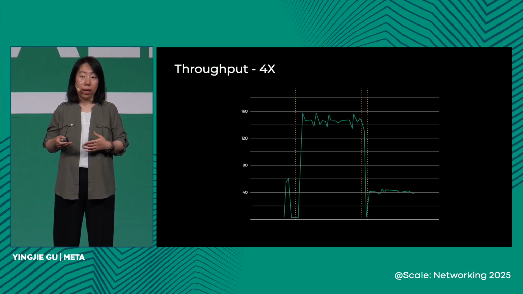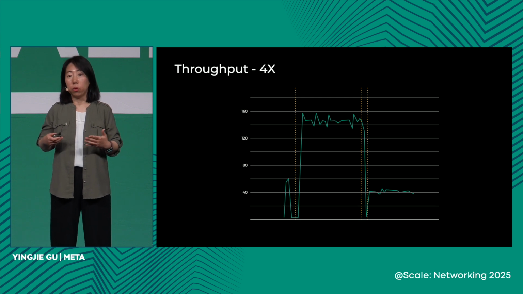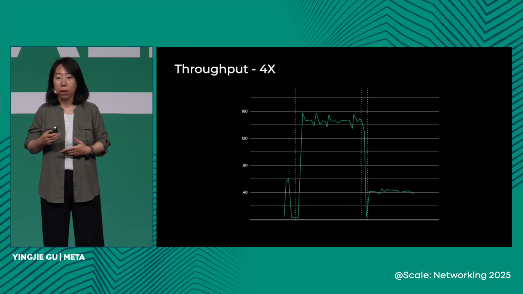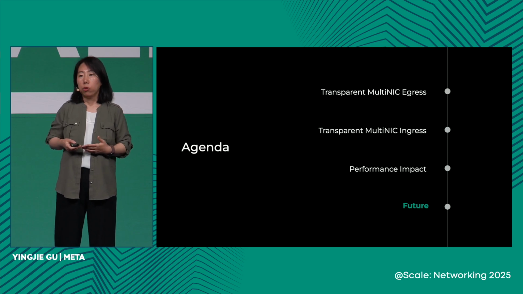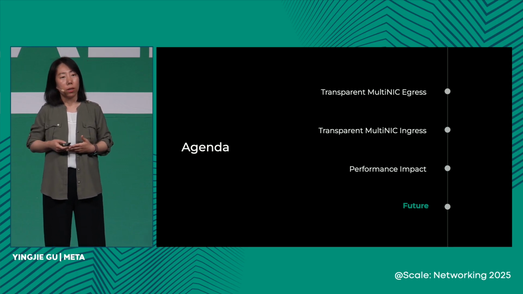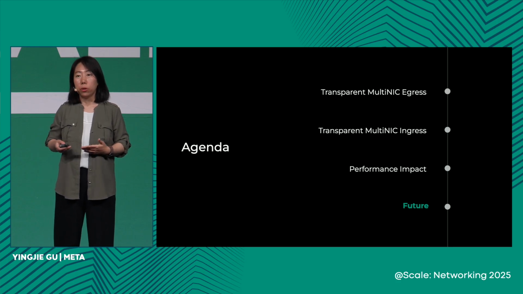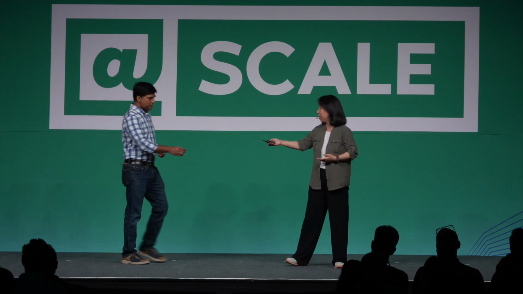This means we improved the throughput by 4 times. This solution has been applied to various training models. Along the way, we observed challenges and opportunities that we can improve. So Takshak will share our plan for the future.